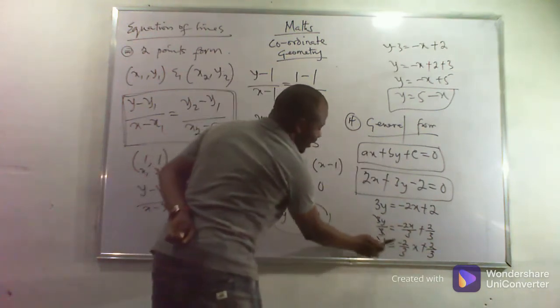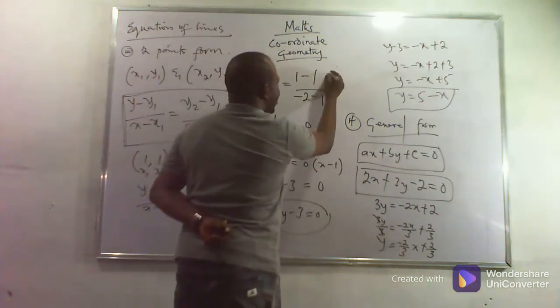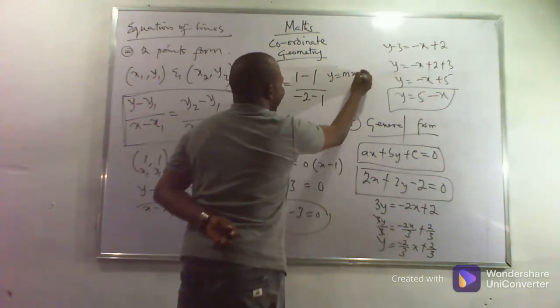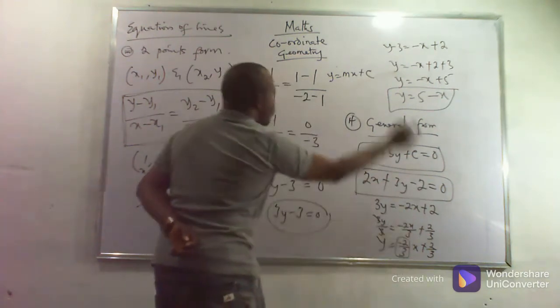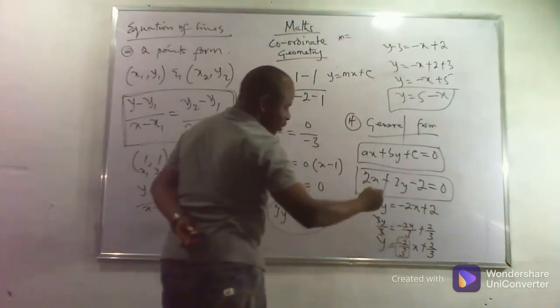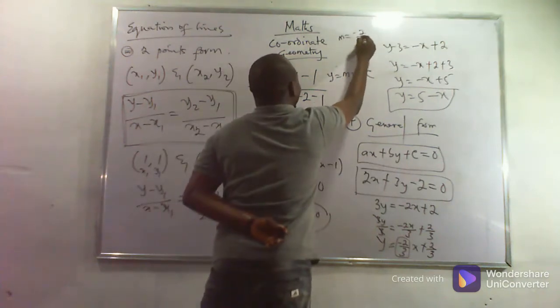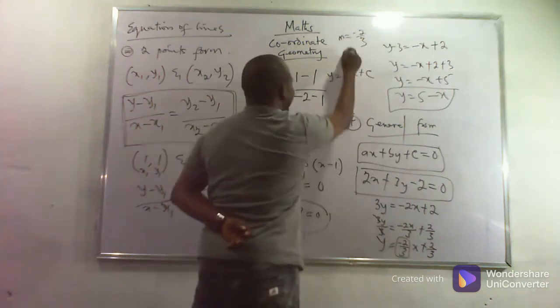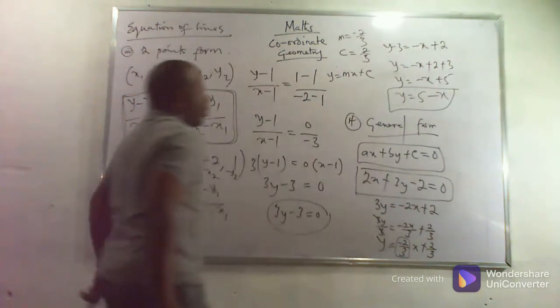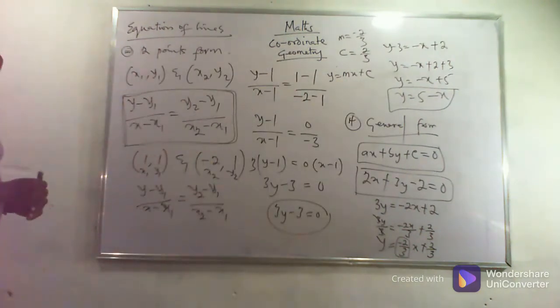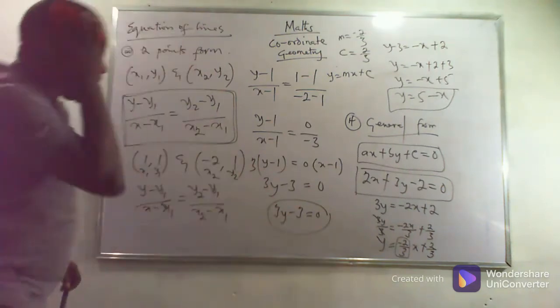If you compare this with the equation of a line, y equals mx plus c, it follows therefore that everything here will be the gradient. So the gradient is minus 2 over 3. Then the intercept c is 2 over 3.